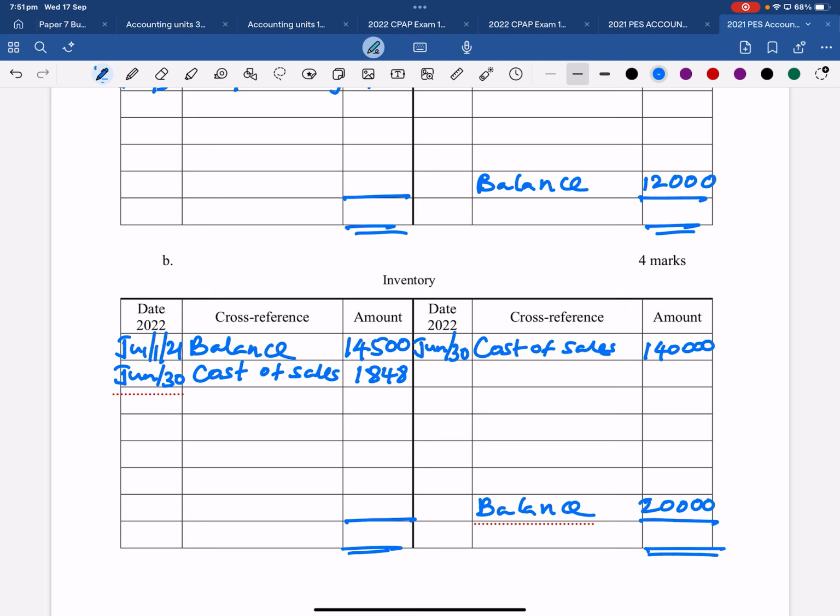And you see, advertising includes 500 of inventory. What's the double entry for that? Inventory credit, saying advertising? Yes.